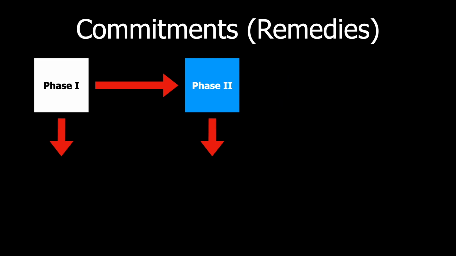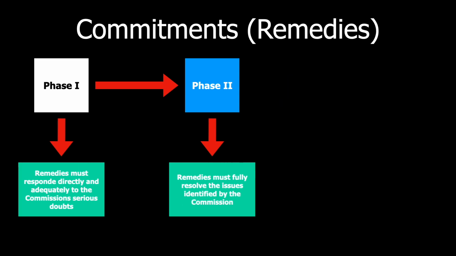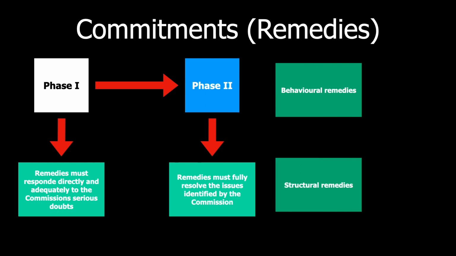When presented in Phase 1, commitments must respond directly and adequately to the serious doubts raised by the Commission. In Phase 2, commitments must fully solve the problems identified by the Commission in this more thorough review and also be proportional. Now, commitments may be either behavioral or structural.